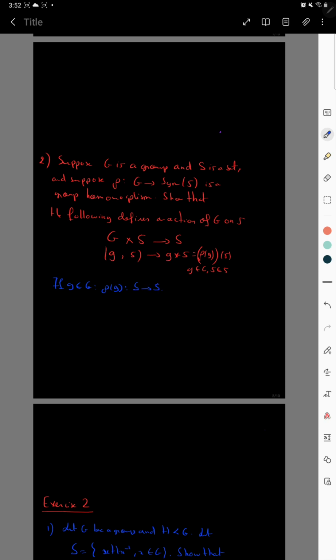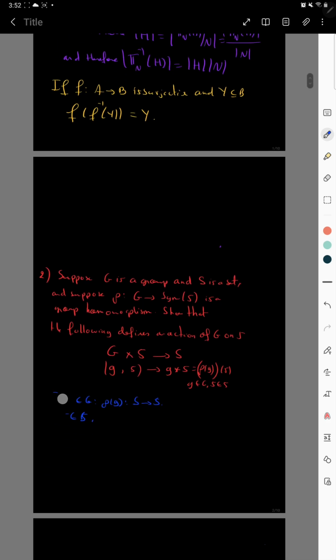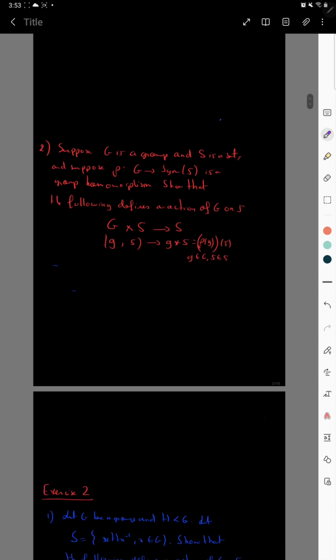Okay, let's prove that. Now let s be in S. We have first to check that the identity fixes everything. So rho(g) is a function from S to S. Now, first, we need to show that the identity fixes everything.